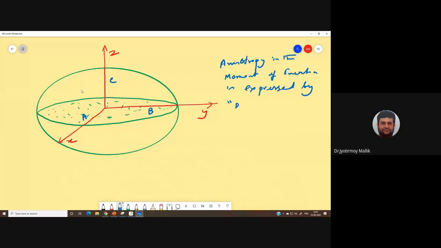Okay? Dynamical ellipticity, my apologies. And dynamical ellipticity H is defined as C minus half of A plus B, divided by C.